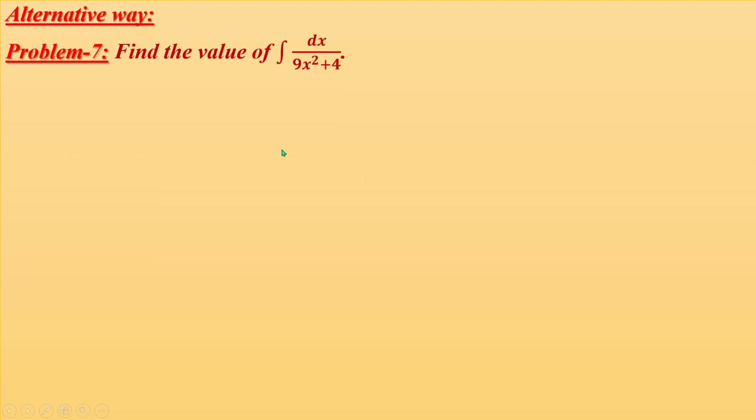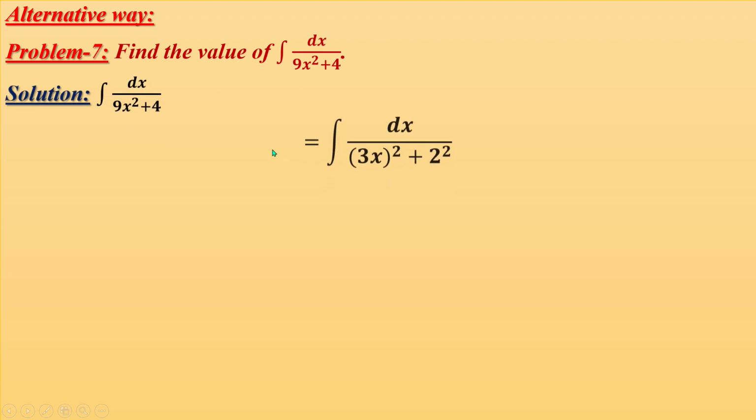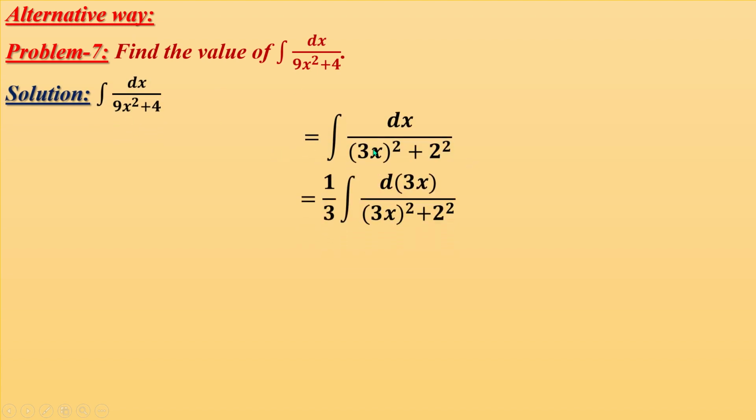Alternative way: we can write this as (3x) whole square plus 2 square. As here x is 3x, we convert by taking t equal to 3x, but d(3x) equals 3 into dx, and the 3 cancels, we get dx. That means we can write this. No problem.